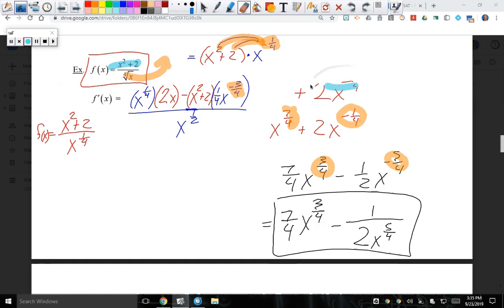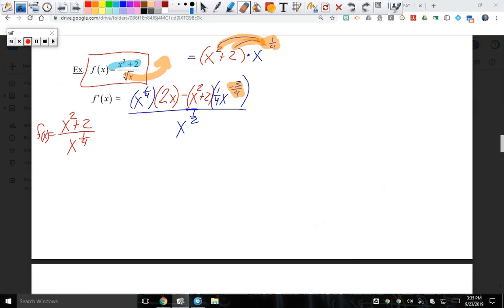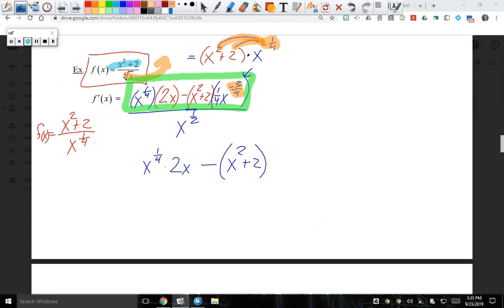Let's make some room. This right here is my numerator. Okay? And if I rewrote this, because of this negative power, I could write it as x to the 1/4 times 2x minus x squared plus 2 times 1 over 4x to the 3/4.